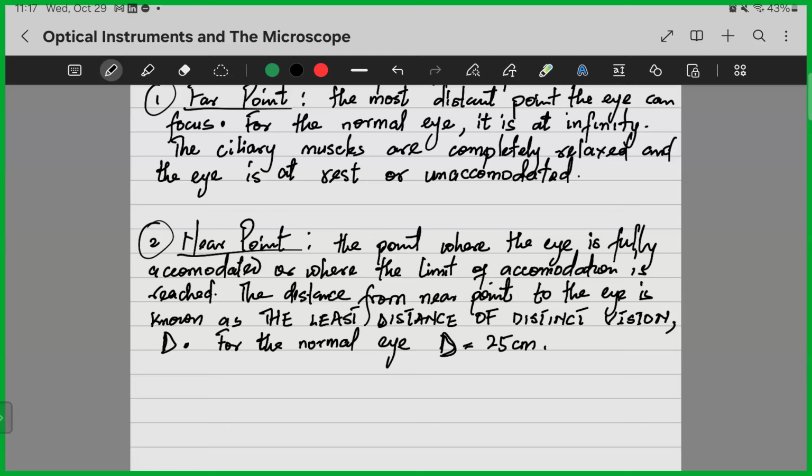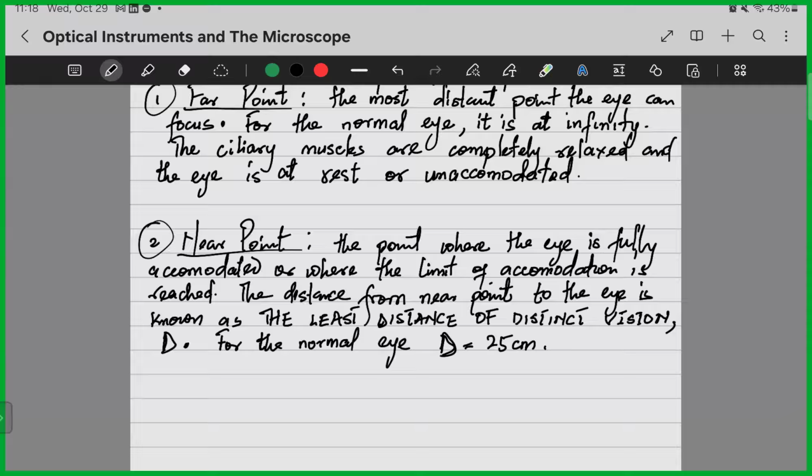For example, I have an eye issue, but even though I take off my glasses and I place something 25 centimeters away from my eyes, no matter the problem, 25 centimeters away from your eyes, you should be able to see that thing. Do you get my point? So that's the meaning of the least distance of distinct vision.